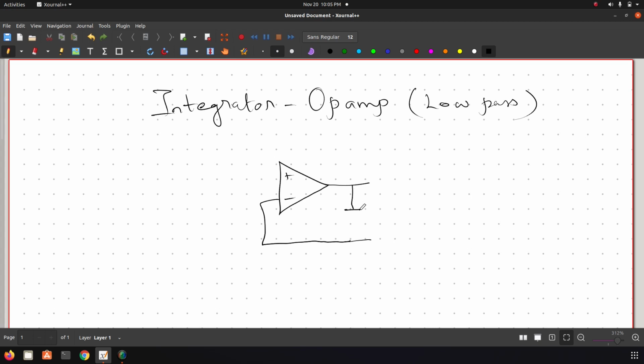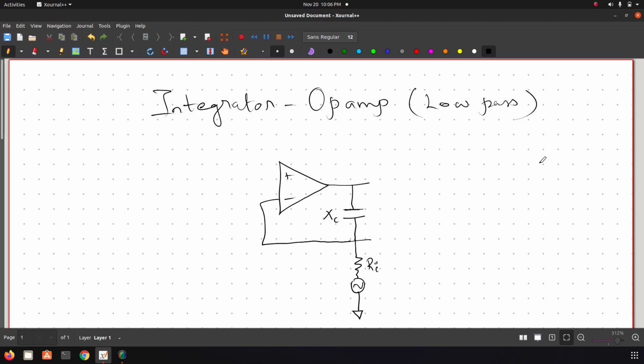Instead of a feedback resistor, we use a feedback capacitor, a capacitor of reactance Xc. As usual, the input is fed through an input resistor Ri, and here the signals are AC.